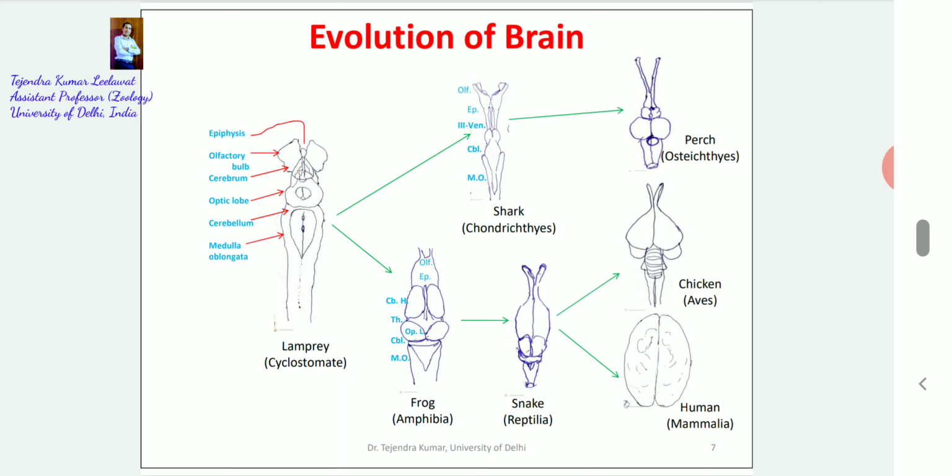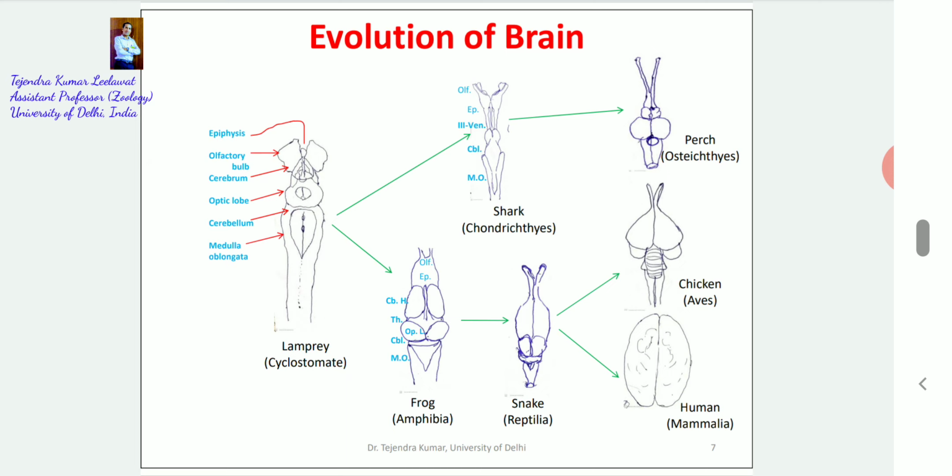In the cyclostome brain, we can see, first of all on the upper side, that the epiphysis is present in between the olfactory and cerebrum lobes.